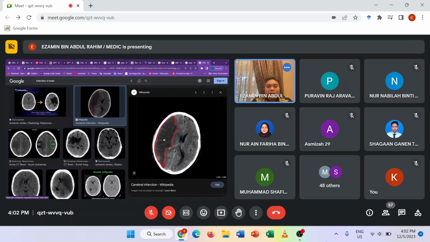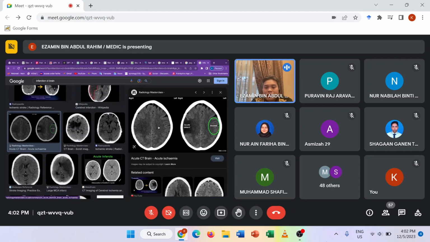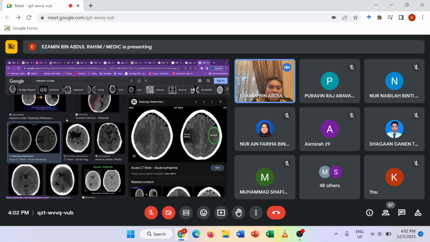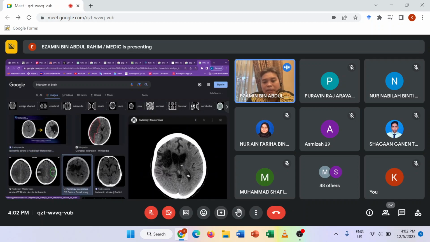This is MCA, this is big, more than 120. So that becomes hypodense. If it is very old, it will become like this. It becomes a void space. Alright. This is when it's old, over time, over 2 years, 3 years. Okay.